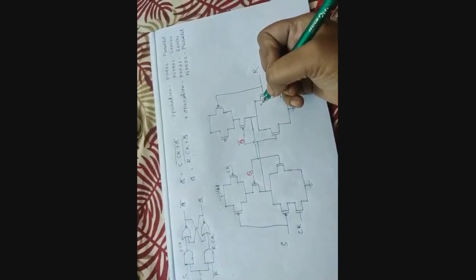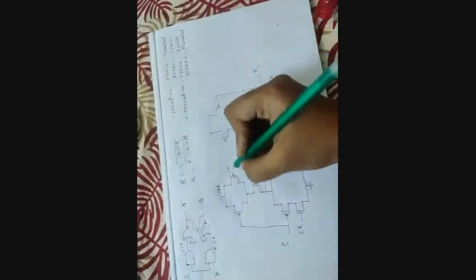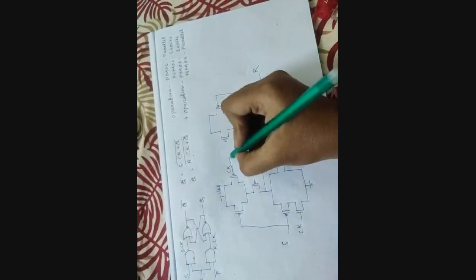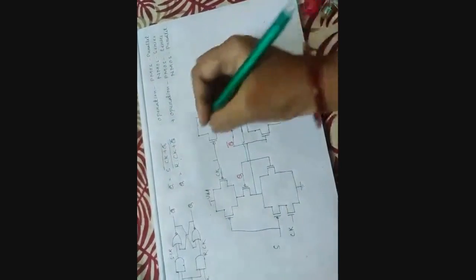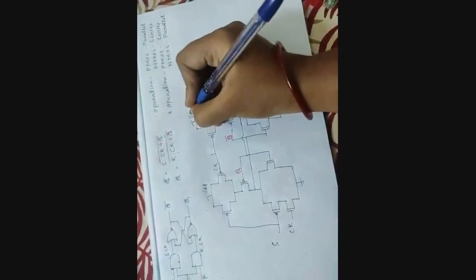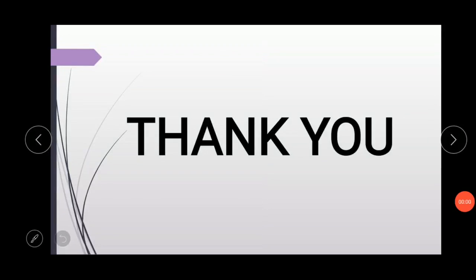This one is the clock. Here we commonly give Ck to both the transistors. Then here is the VDD. So the circuit is complete. This is all about clocked SR latch.